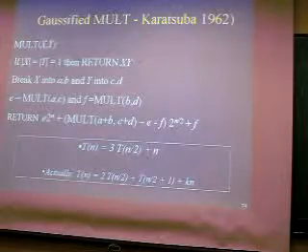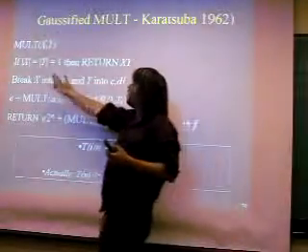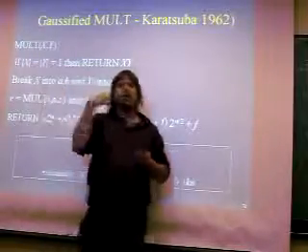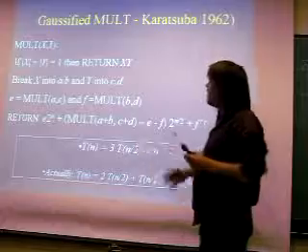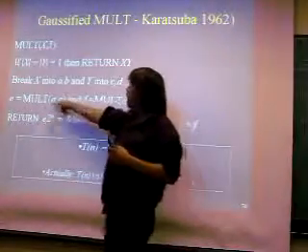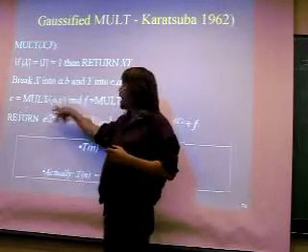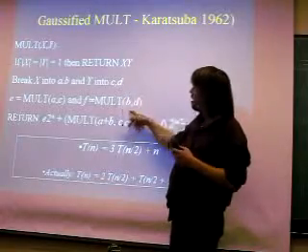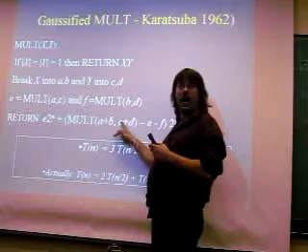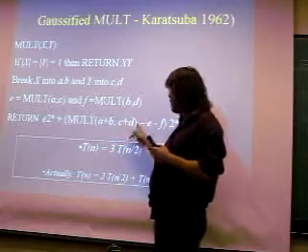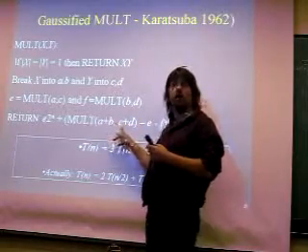Alright, so here's the algorithm. If my inputs are of size 1 bit each, I just multiply them. Otherwise, I cut them into 2 pieces each. And I get one friend to multiply the high order stuff, one friend to multiply the low order stuff. I add the high and low order of the x and the high and low order of y, and I get a friend to multiply them together.